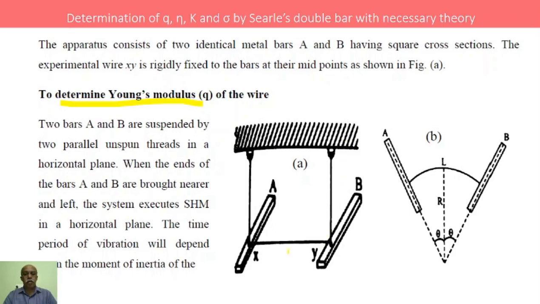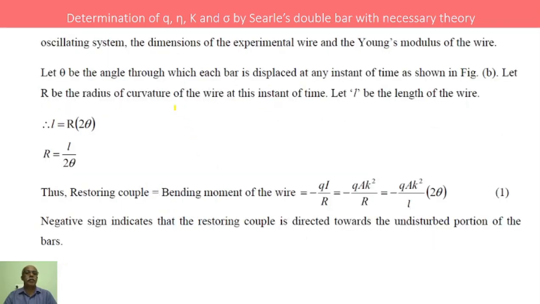When the two bars are brought near, as shown in the second figure, and released, they execute simple harmonic motion in a horizontal plane, and the time of vibration will depend upon the moment of inertia of the oscillating system, the dimensions of the experimental wire, and Young's modulus of the wire.